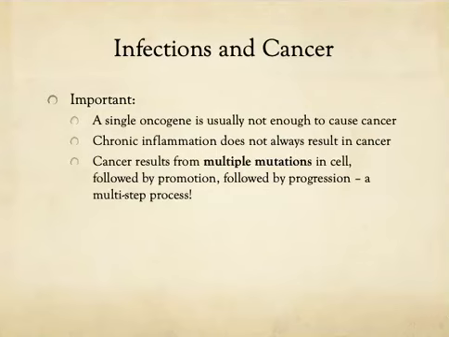And those multiple mutations must be followed up by promotion, remember stimulation to divide, and progression, further mutations, in order for a cancer to develop. It's actually kind of hard for a cancer to develop from a cell biology standpoint.